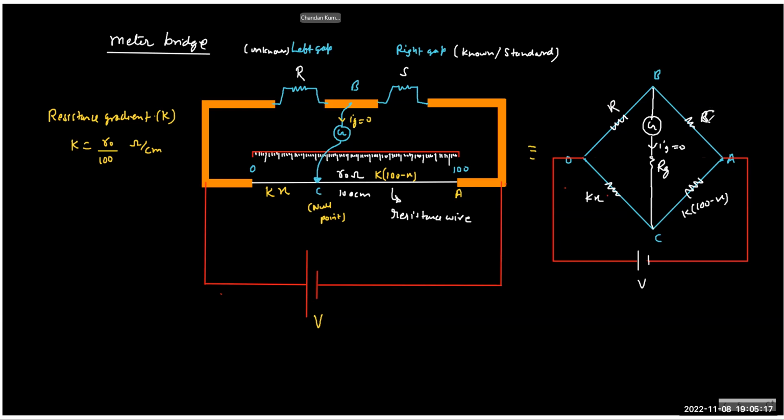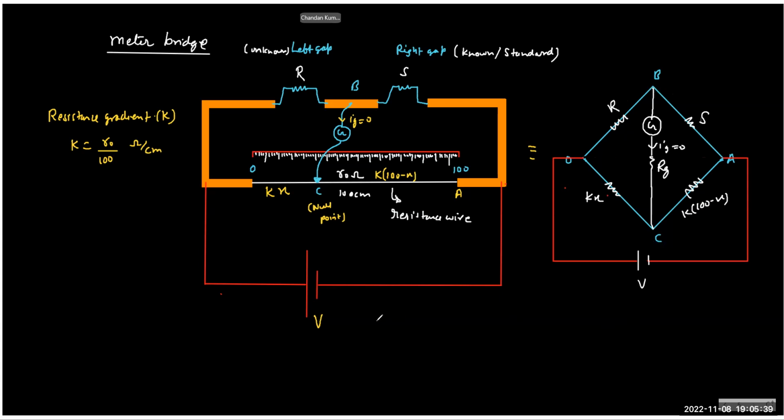R by Kx equal to S by K times 100 minus x. So you can take this variation. R by S equals Kx by K times 100 minus x.